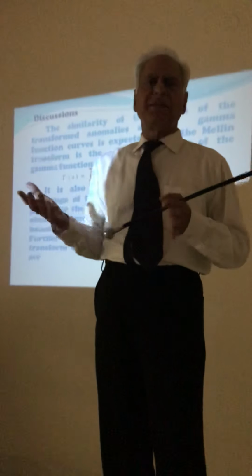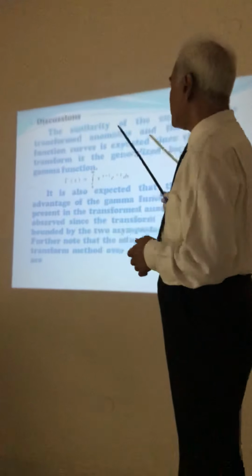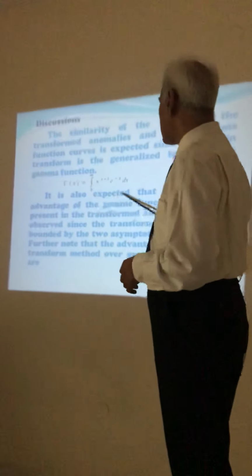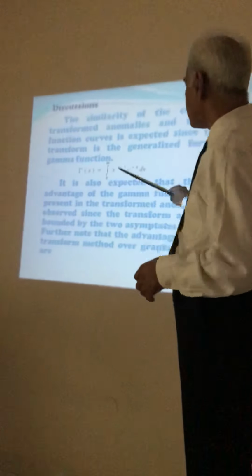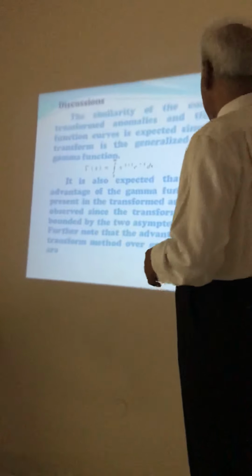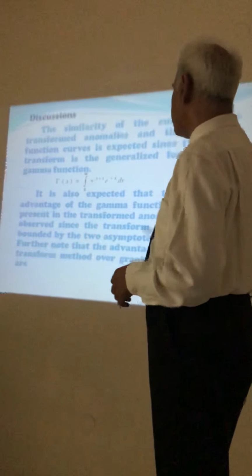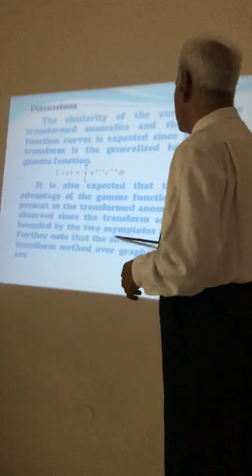Graphically, you cannot find those finer changes, and this Millian transform does that. And this is what I was telling, that it is also expected that the inherent advantage of the gamma function would be present in the transformed anomalies, and this is observed since the transformed anomalies are bounded by two asymptotes.